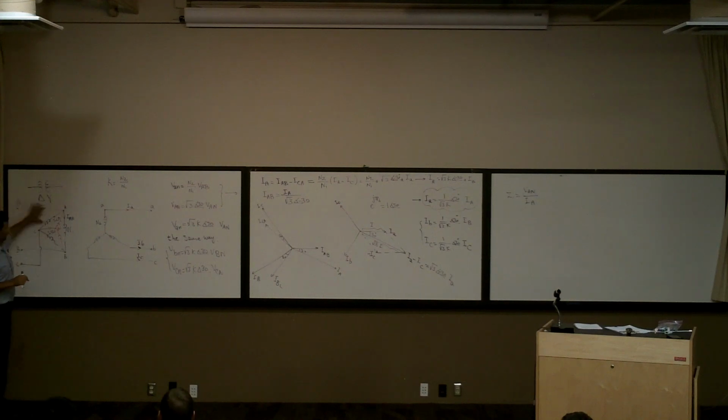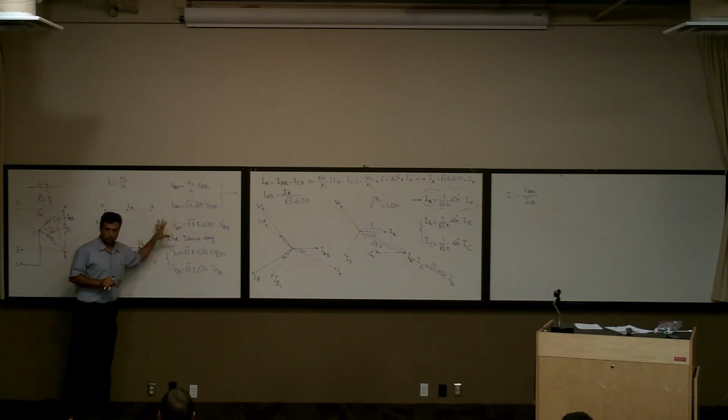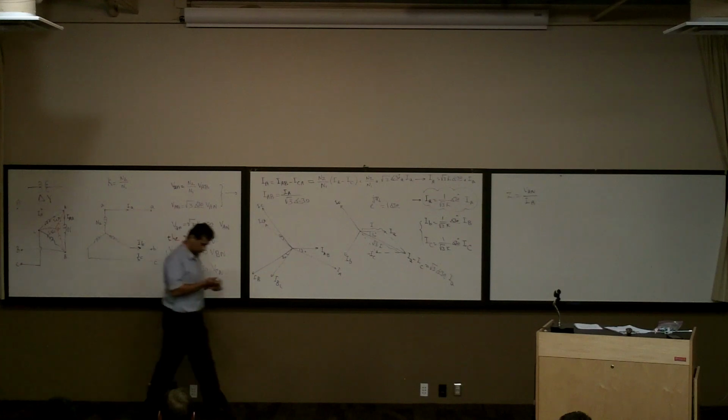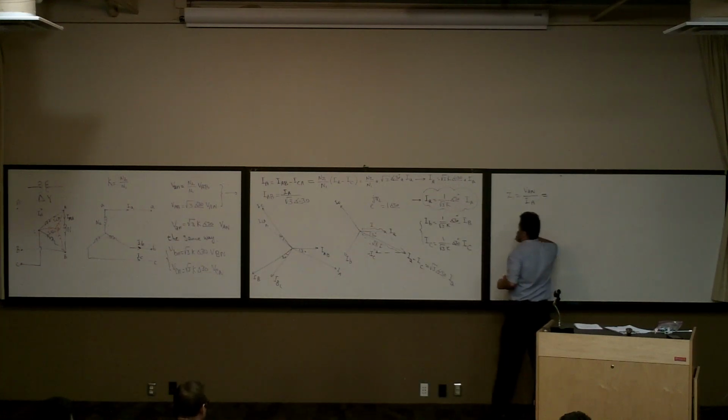So the input impedance is this voltage divided by this current, right? VAN divided by IA, right? Now I call this one Z1. I want to know if this one is going to go here. What's the relation between these two? So let's put it this way. VAN.